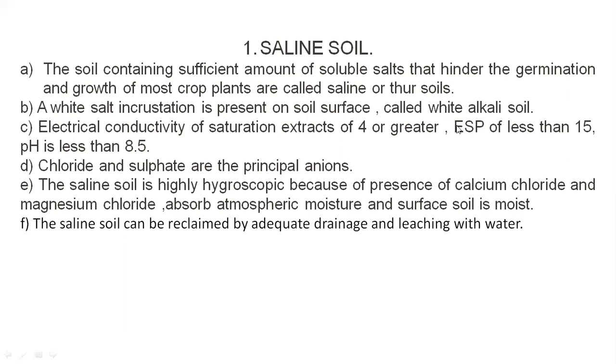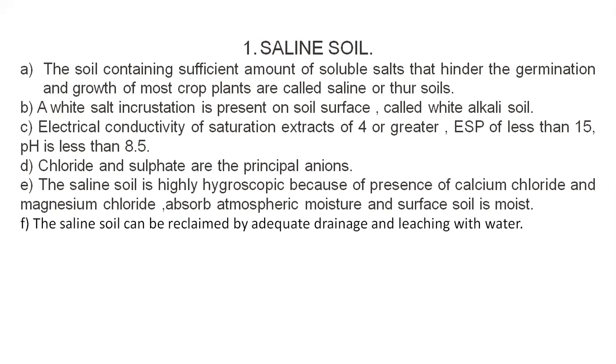So if ESP is less than 15 and pH is less than 8.5, and electrical conductivity is 4 or greater, that type of soil is known as saline soil.